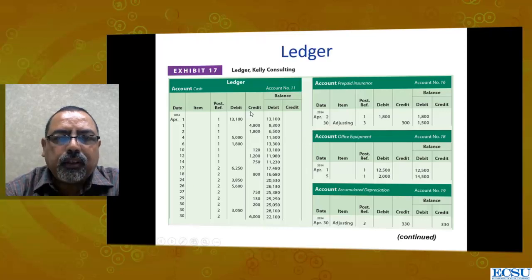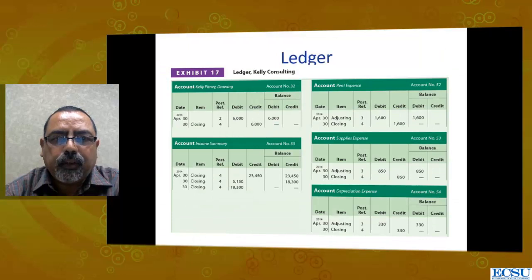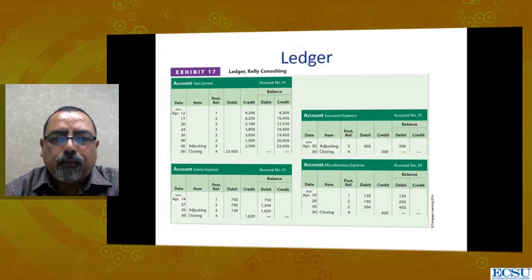Whenever we are posting the general ledgers that we have done so far, we don't write anything in the item column. But we'll be writing adjusting or closing when we post the adjusting entries into the ledger. So these are all the ledgers that we prepare for Kelly.